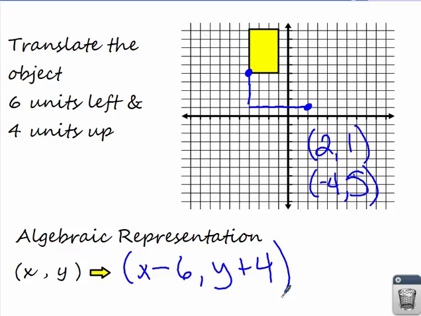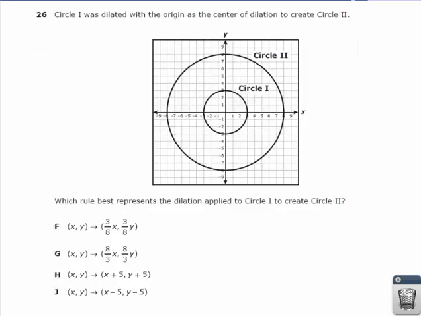Now, why do we need to know that? Well, on the test that we get to take at the end of the year, they give you questions like this. Now, this question is not about a translation. It's actually about a dilation. Circle 1 is dilated with the origin as the center of dilation to create circle 2. Which rule best represents the dilation applied to circle 1 to create circle 2?